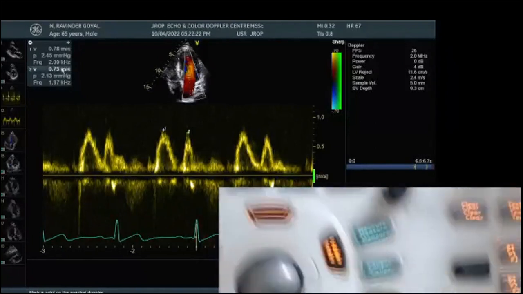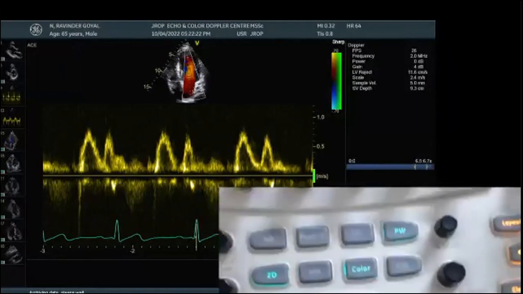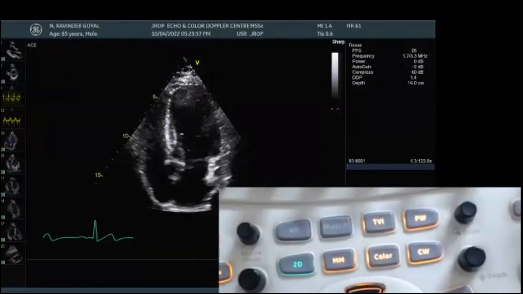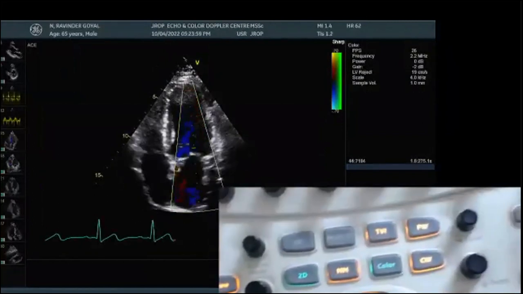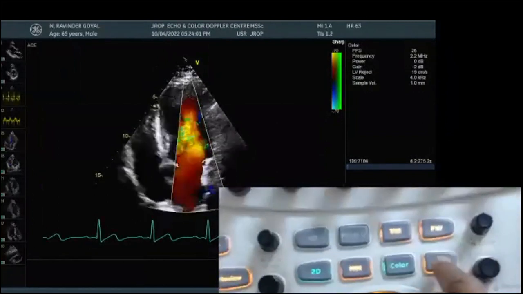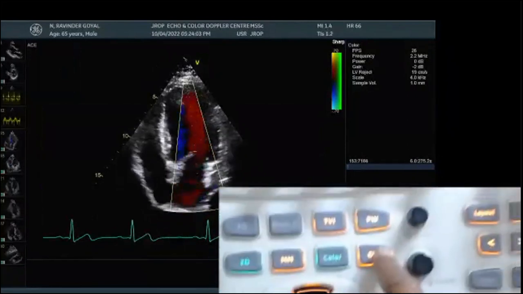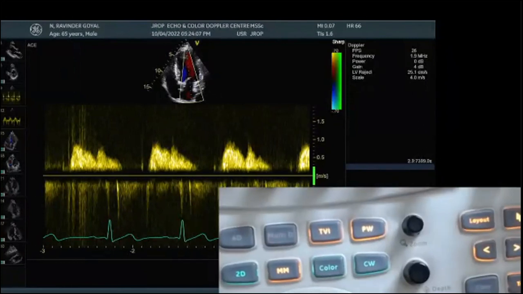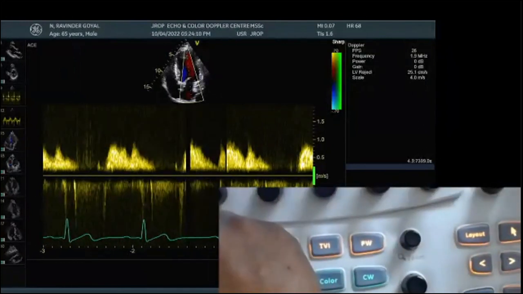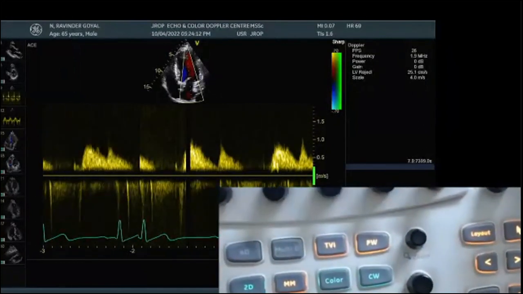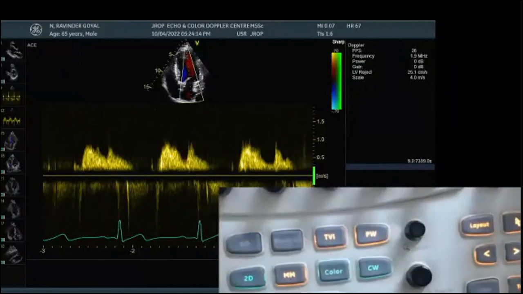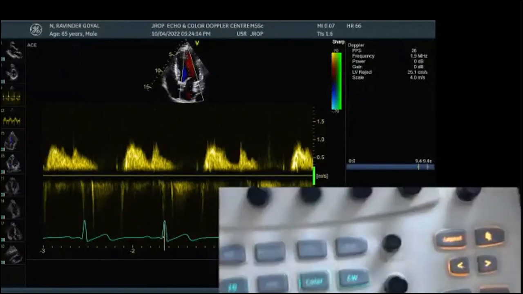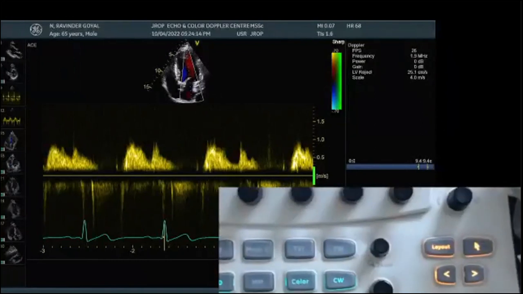And if I switch over from colors, line, cursor, to continuous wave Doppler, look, I'm pressing continuous wave Doppler over here. In this continuous wave Doppler, what exactly is happening?